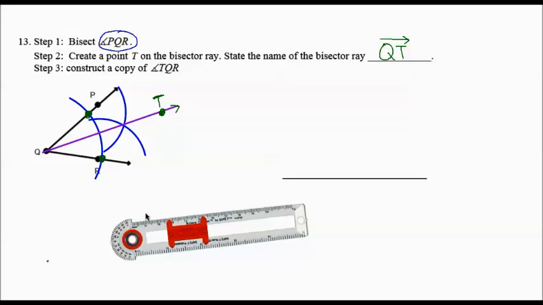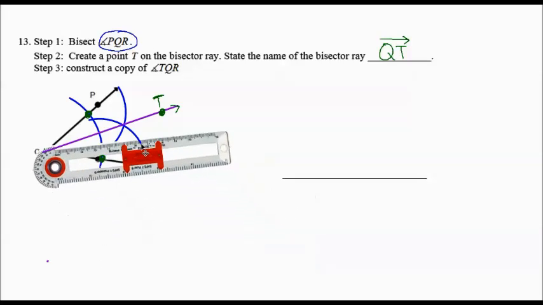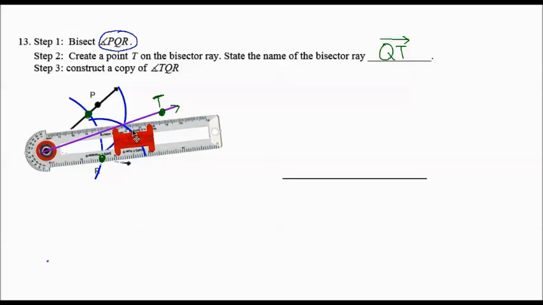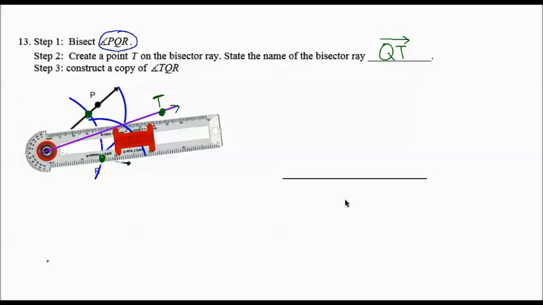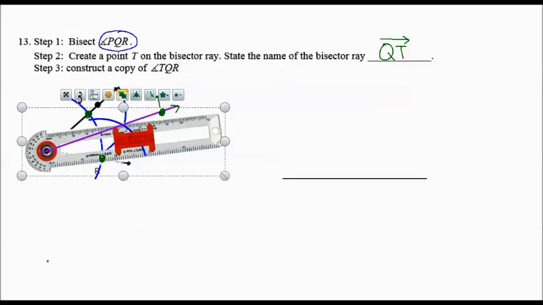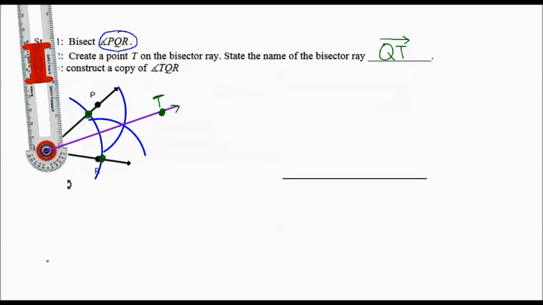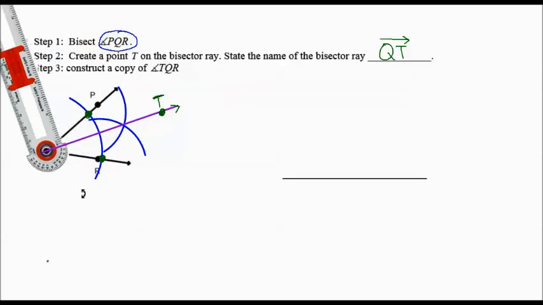Then I'm going to move my compass so that, again, I can see that vertex Q. And I'm going to swing my compass out of the way here for a moment so that you can see what I'm going to try to do here. I'm going to now erase these marks because I don't need them anymore. I used those to create the bisector.